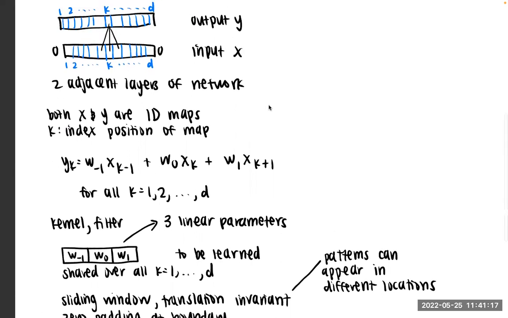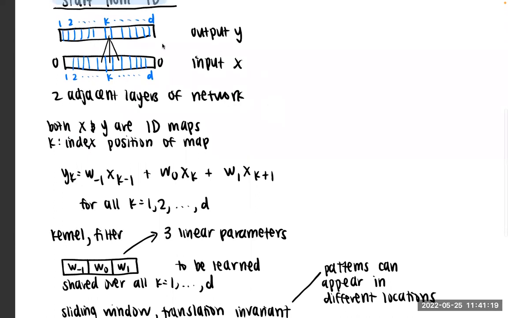However, unlike the multi-layer perceptron, where the linear operation includes a d by d matrix that you multiply x by, here you see we only need these 3 coefficients to transform x to y.